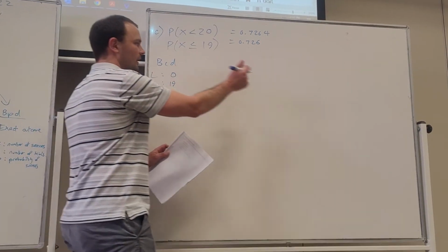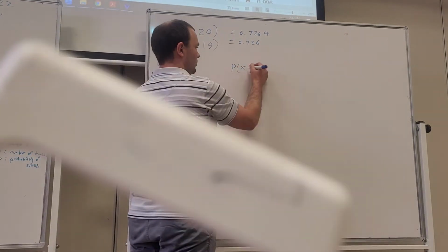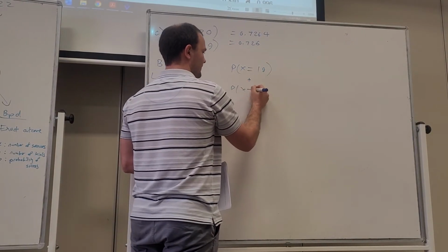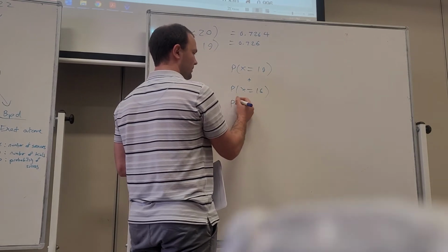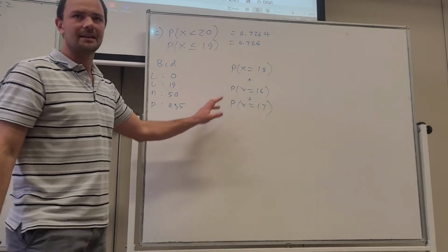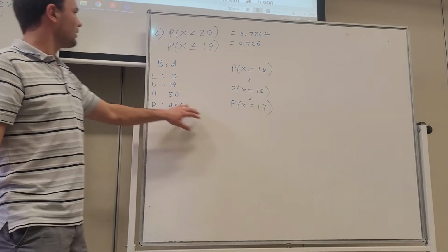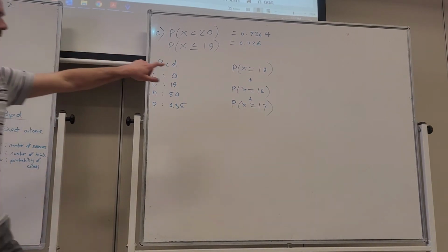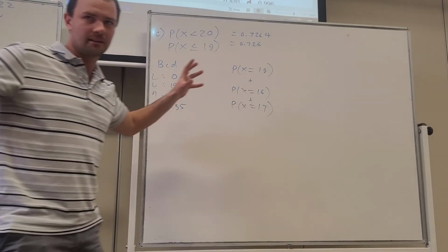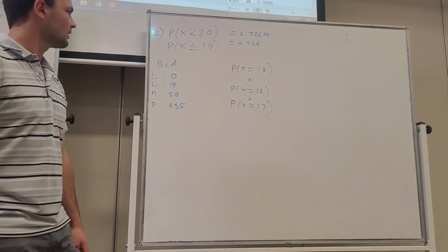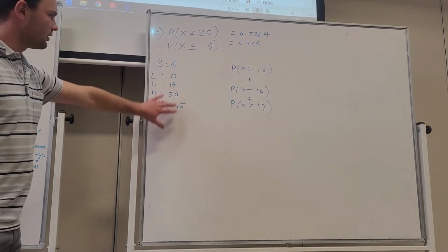The way the calculator has done this for us is they've said, what's the probability that 19 are rotten, plus the probability that 18 are rotten, plus the probability that 17 are rotten, and it's added all of them together. You think over here we did it for when X is 20. It's doing it for all of those individual events and then adding them together for us. So you could do it individually, it would just take a very, very long time. So we evaluated that.